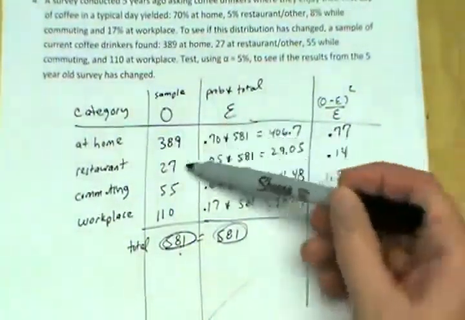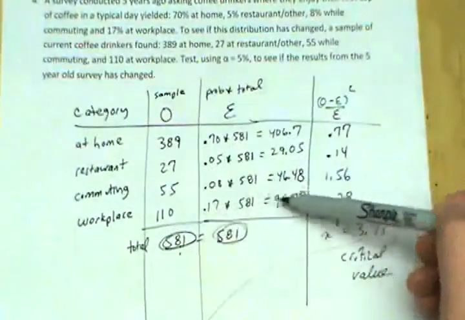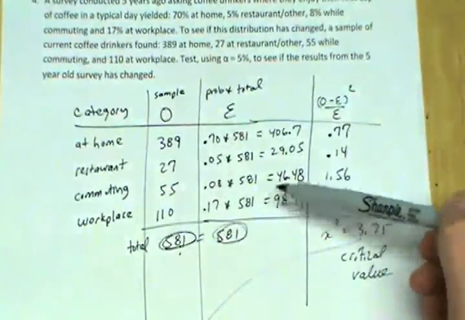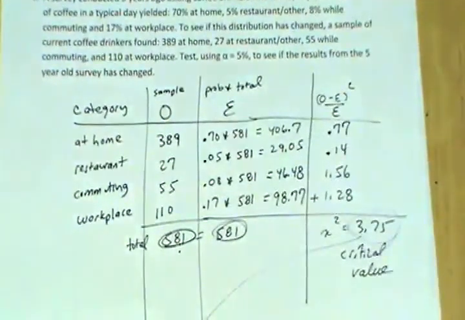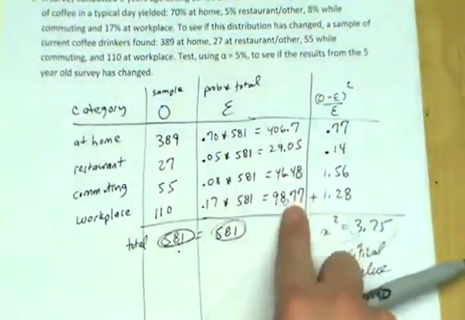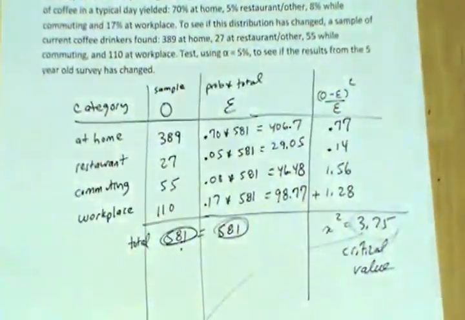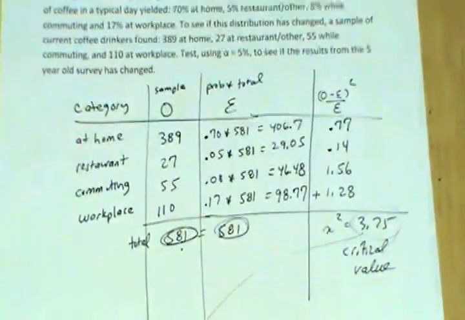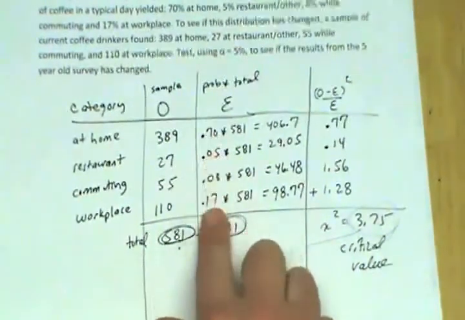Now I know we're off a little bit, but that was okay within the level of acceptance. And so we accepted that we observed the same as what we should have expected. That's how you do goodness of fit testing. There are either equally distributed questions or weighted questions where they give you the weights in terms of a percent. And that's how you do it.